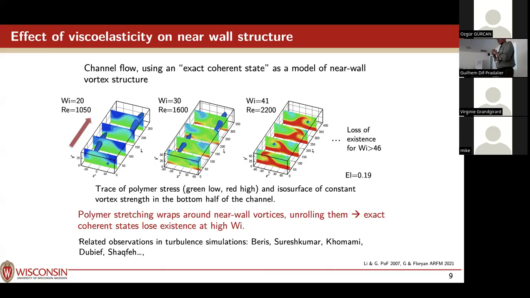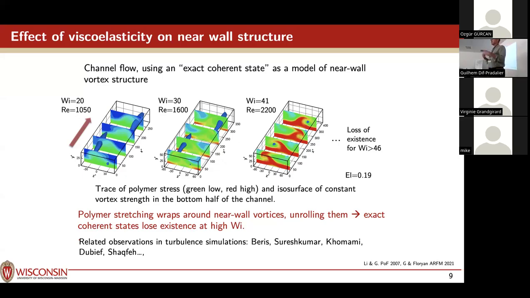They were originally discovered by Waleffe and Nagata back around the early 1990s. What was found was that the Navier-Stokes equations support nonlinear traveling wave solutions that have 3D quasi-streamwise vortex structure, which is the basic structure of near wall turbulence. These are in cases where the laminar flow is linearly stable.